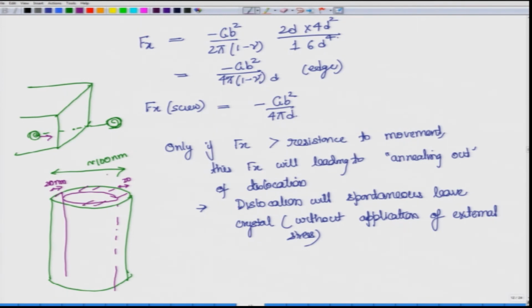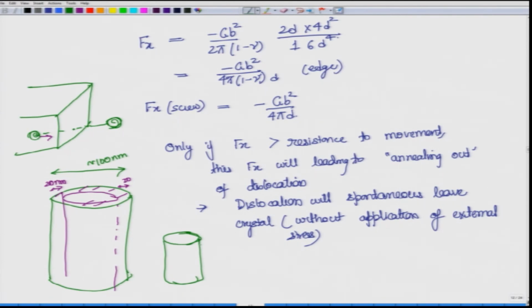Now, keep reducing the diameter of this cylinder. Let us now bring it down to 40 nanometers. What happens? This nanocrystal is completely free of dislocations. So, this is the interesting aspect of these image forces.